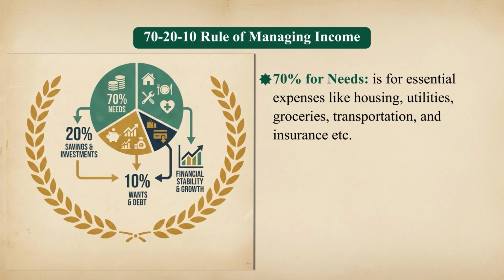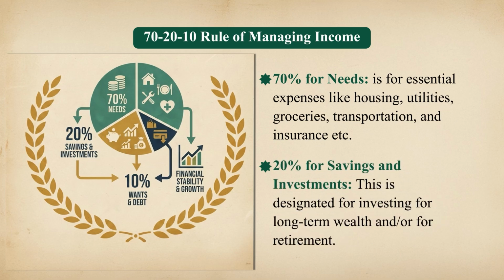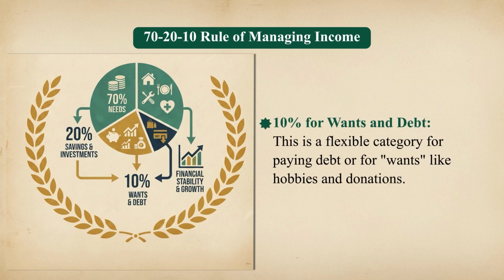These are for essential expenses like housing, utilities, groceries, transportation, insurance, etc. 20% is kept for savings and investments. This is designated for investing for long term wealth or for retirement benefits, and 10% is for wants and debts. This is a flexible category for paying debts or for wants which are like hobbies, travel, donations.